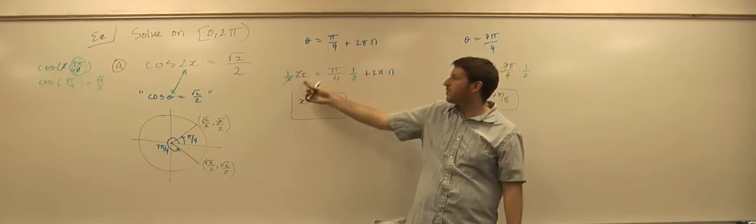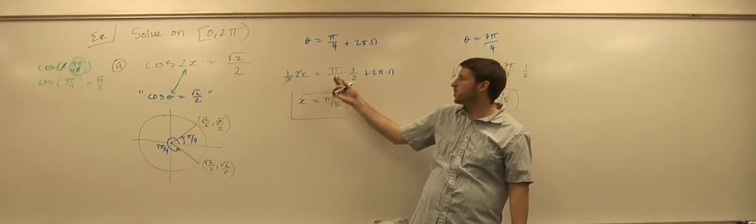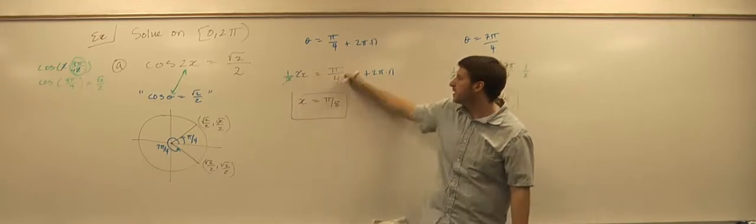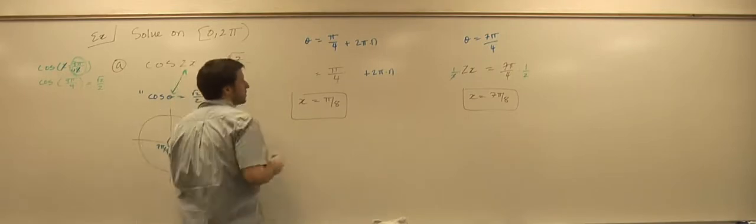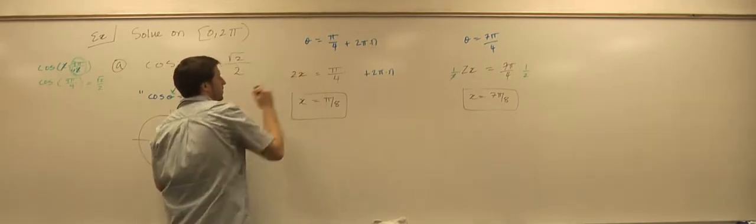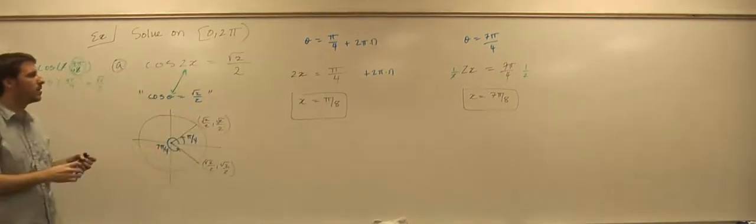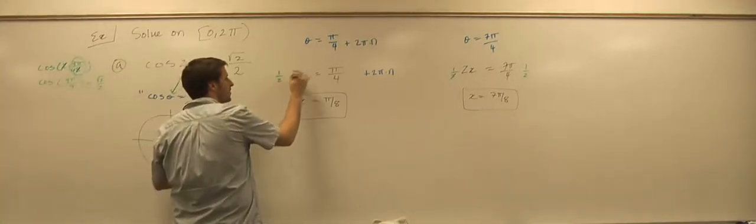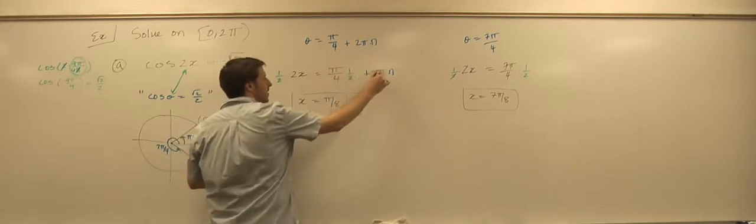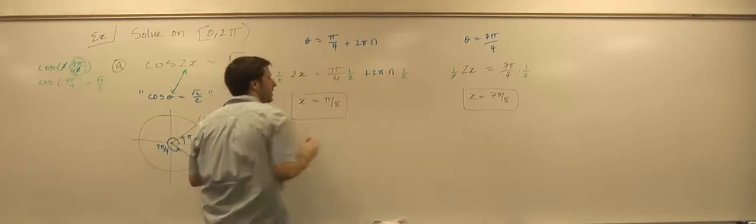And then when you solve for x, you put 2x equals pi over 4 plus 2 pi n. What's that going to change? Well, I still want to isolate x, so I still multiply everything by 1/2, including the 2 pi n.